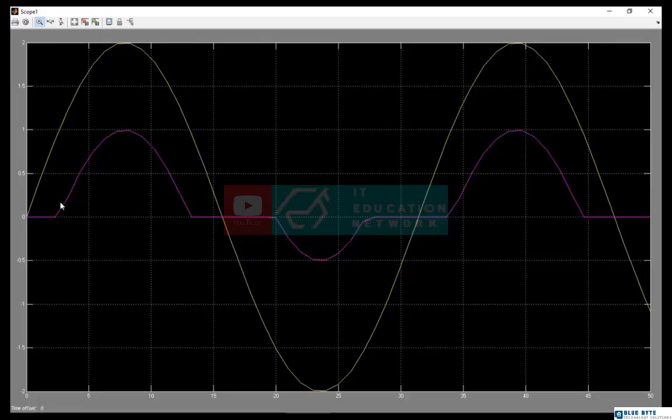As we can see, the output is limited between minus 1.5 and 1.